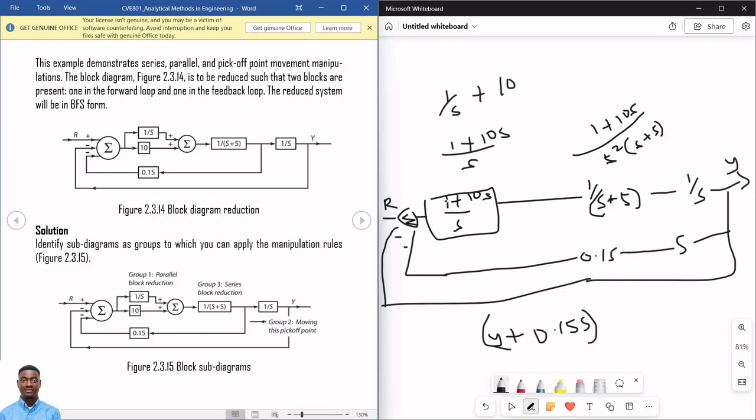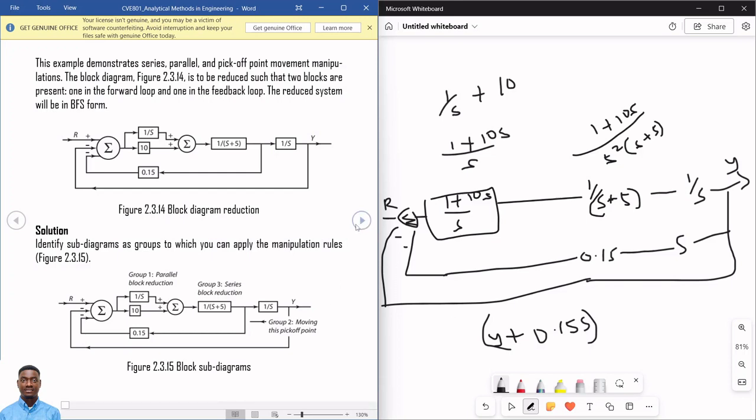The numerator here will just retain itself. So that will be 1 plus 10s, which is this. So this times this will be 0.15s. This other signal line of y, which is parallel to it, so that will be y plus this. So if I factorize my y out, that will be 1 plus y into 1 plus 0.15s.